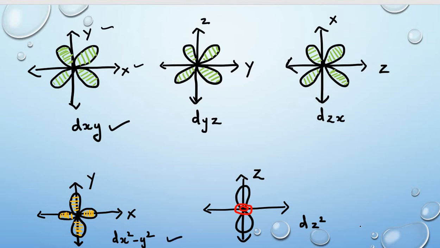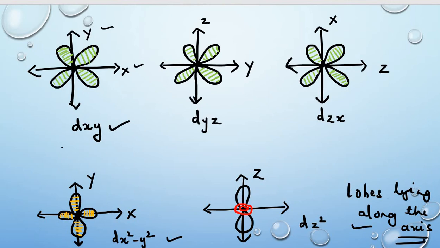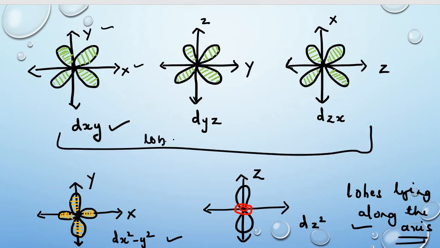Whereas in the case of dx square y square and dz square, the lobes are lying along the axis. In these three cases, the lobes are lying in between the axis.